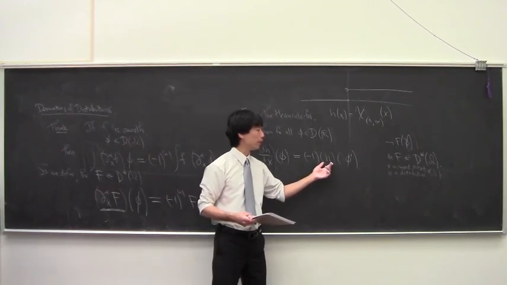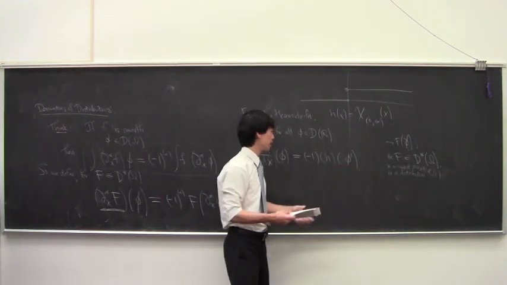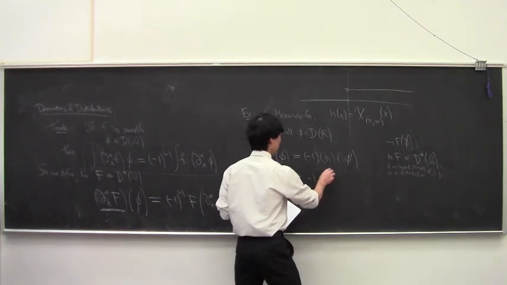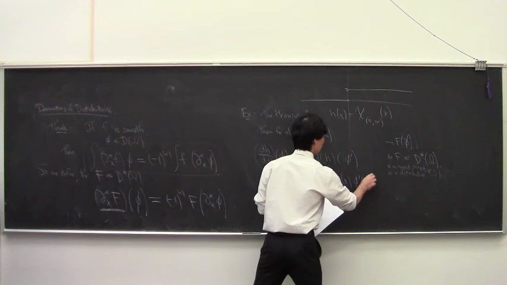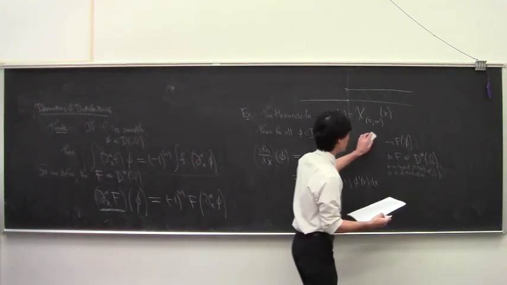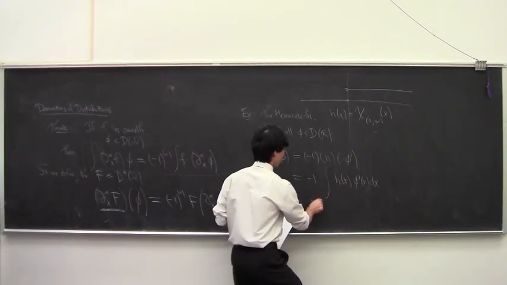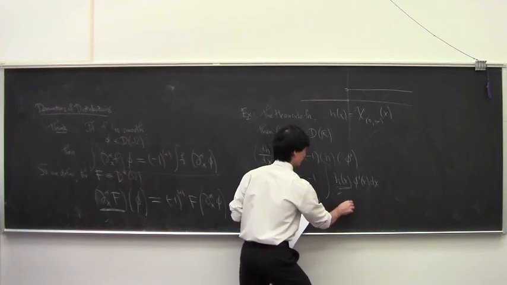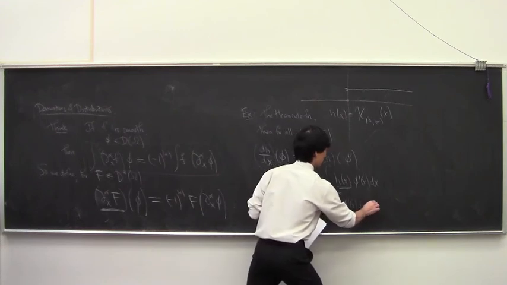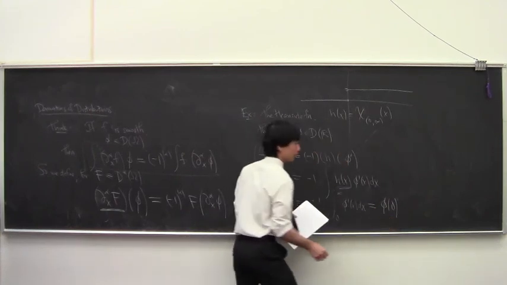So the Heaviside function, as a distribution, acting on this: you're going to have the Heaviside function integrated against the derivative. That is, -1 times the integral over the interval from 0 to infinity, and so you end up with phi of 0.